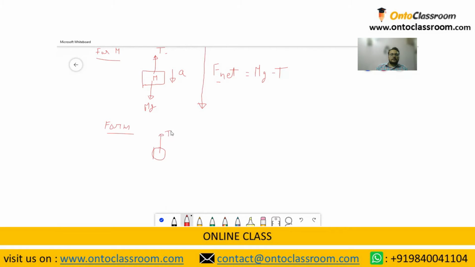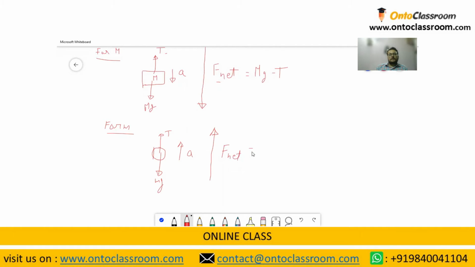Tension will be in the upward direction and its weight will be in the downward direction. Acceleration will be in the upward direction. We discussed this before. In this case, this block is moving in the upward direction, so the net force must be in the upward direction.